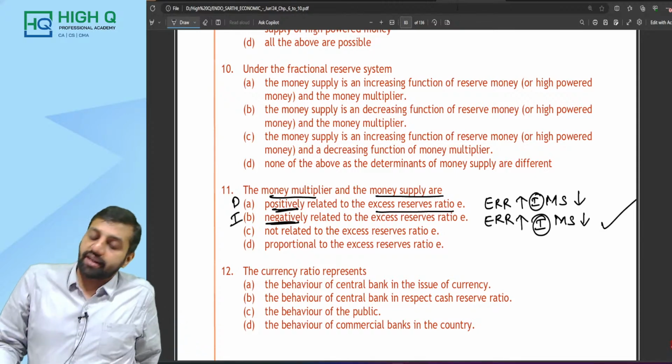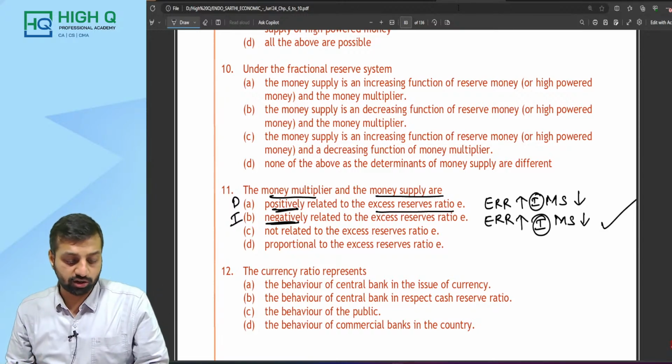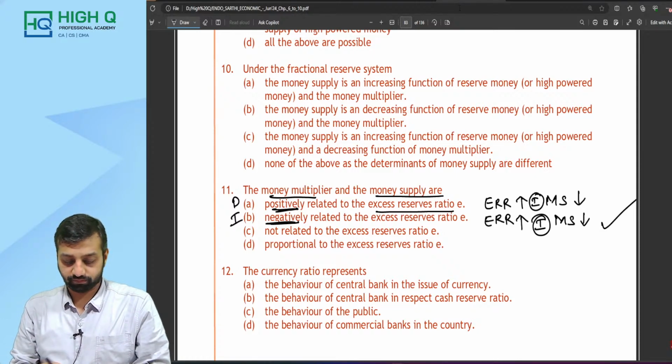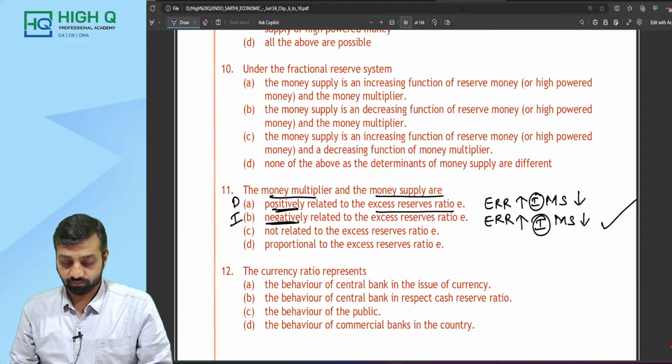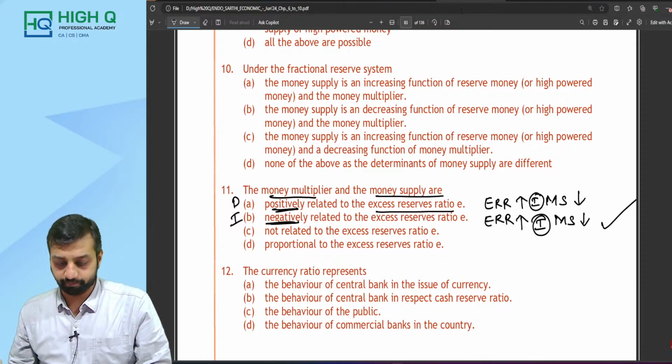So B is the correct option. Yes or no? Are we clear?